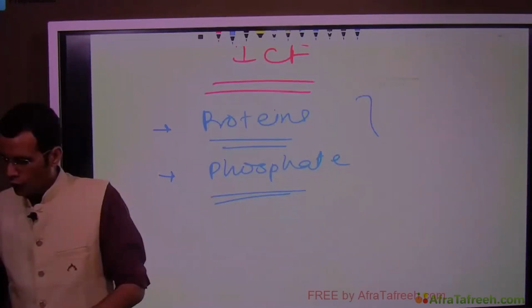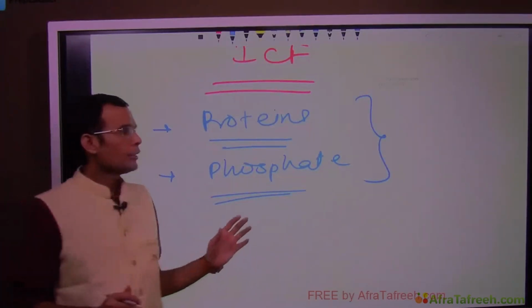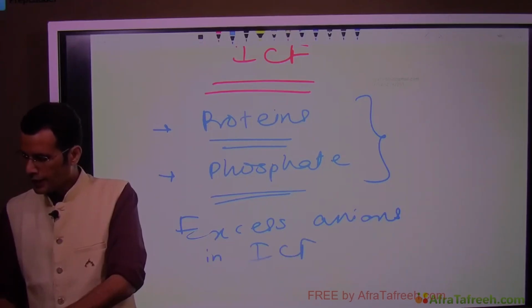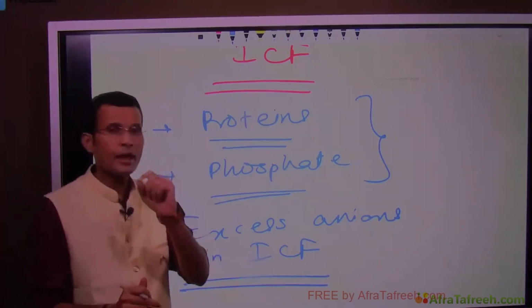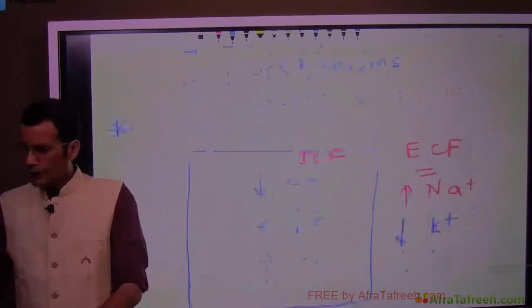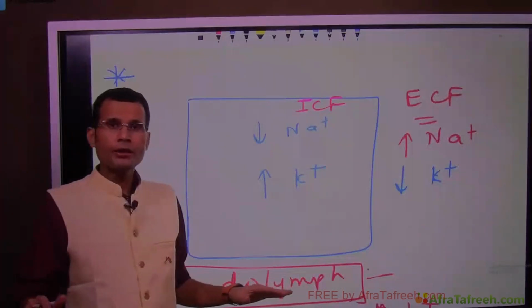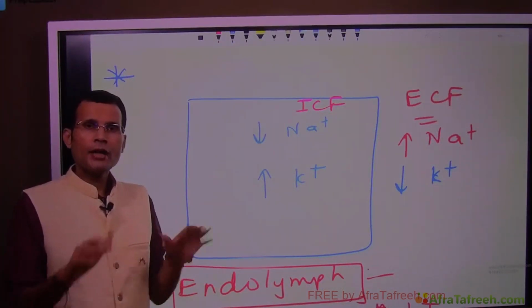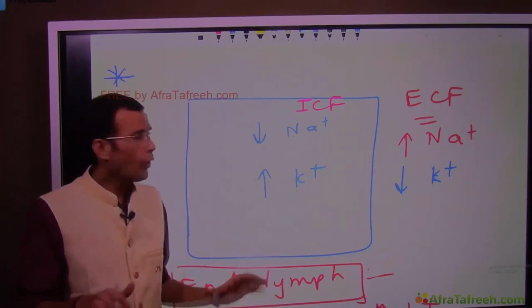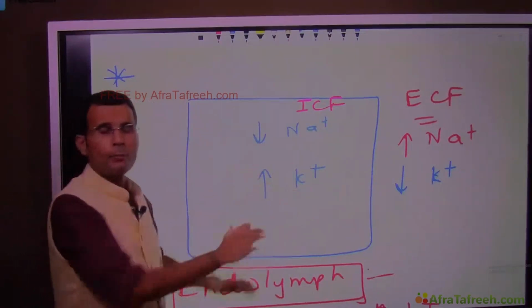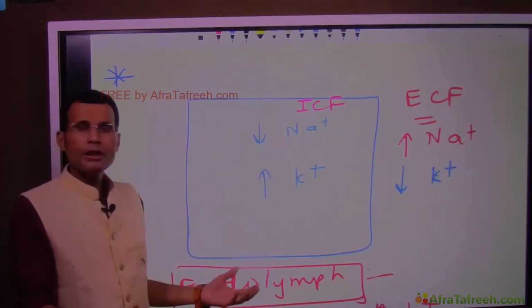Which means there are excess anions inside the cells, excess anions in the ICF. That is our starting point. Look, you must understand clearly what I am trying to establish. There is the law of electroneutrality, the law of equilibrium. So the number of cations and anions should be equal on either side of the membrane or in the neighboring compartments. There should be a certain equilibrium.